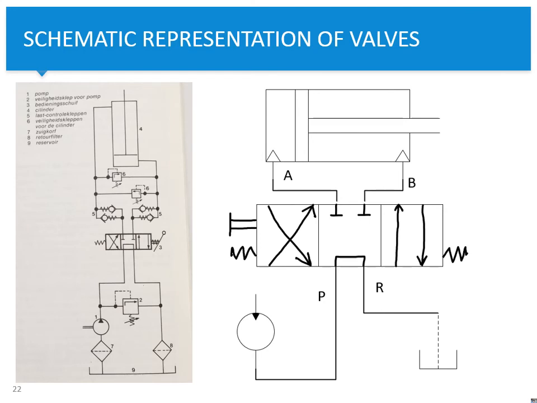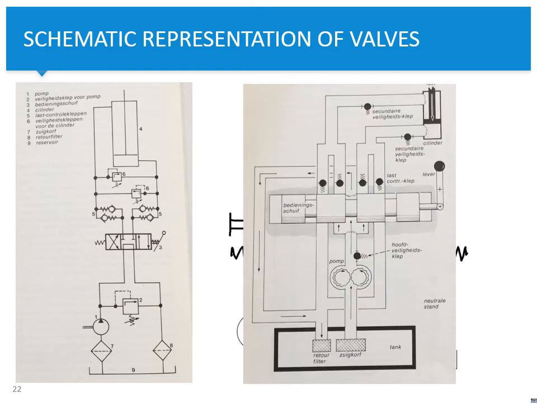And as you can see over here, this is what the real flow diagram looks like. It's actually from the book my granddad used when he was learning his hydraulics. And the drawing that belongs to this is this.